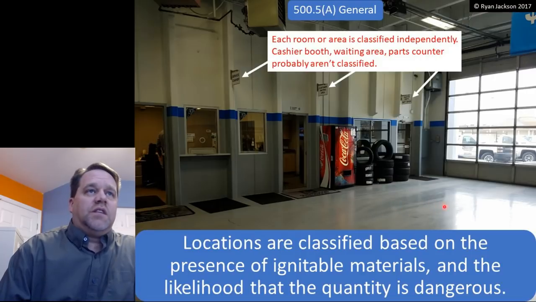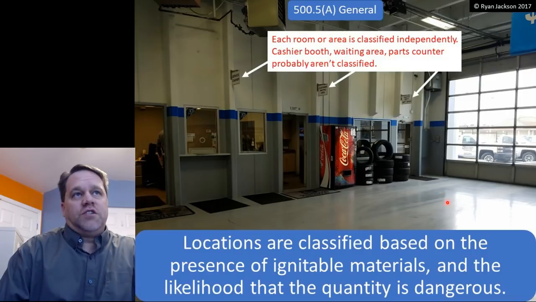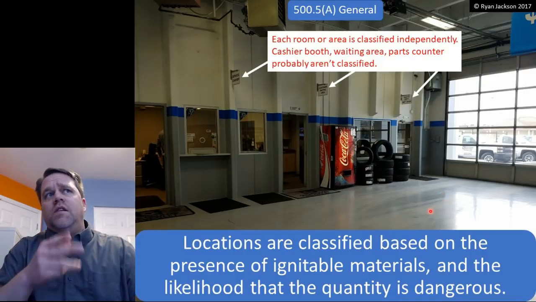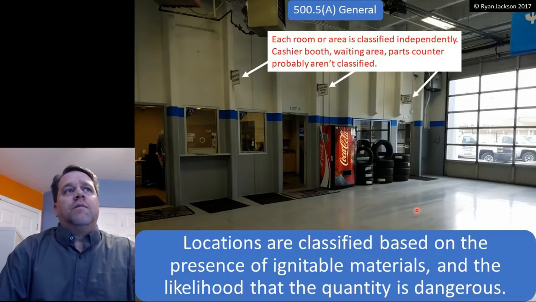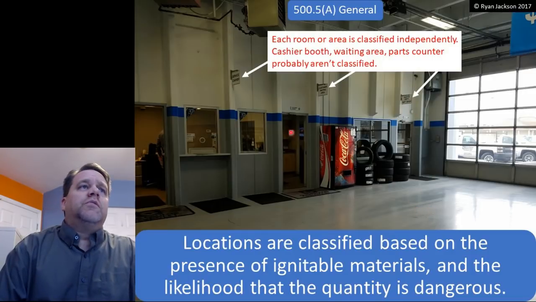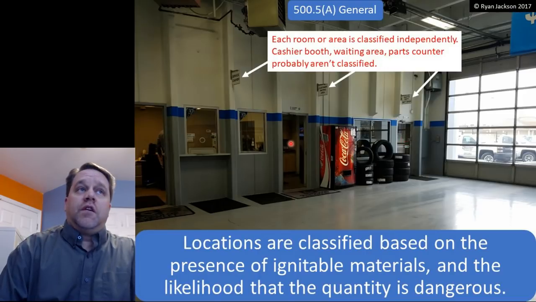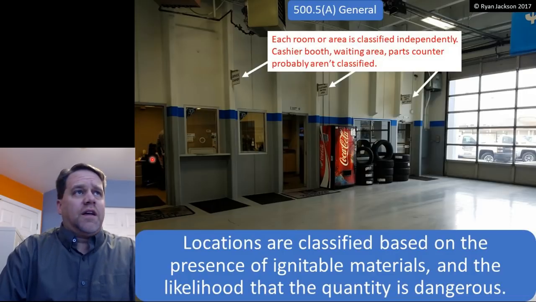The garage itself is probably going to be a Class 1 location. We're going to have gasoline vapors and things like that, so it's a classified location. But what about these 3 rooms here in the background? Back here is where I buy parts. In here is the customer waiting area, and in here is an employee area, the cashier's booth.